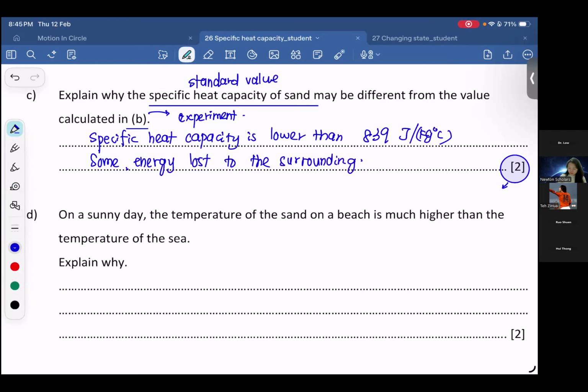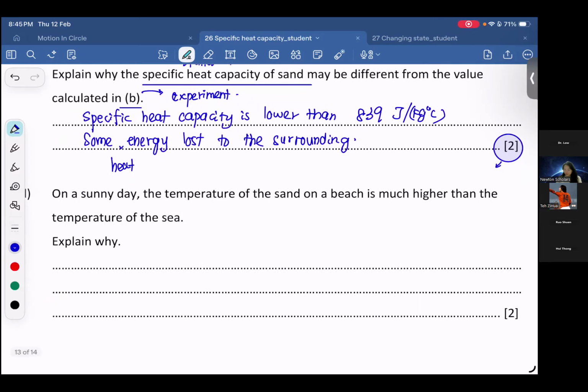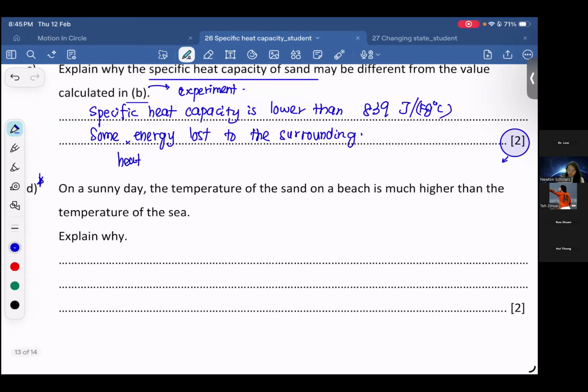Some heat energy, no, more clear, some heat energy lost to the surrounding. So your standard value for specific heat capacity should be lower than what we calculate just now from the experiment data. Okay?